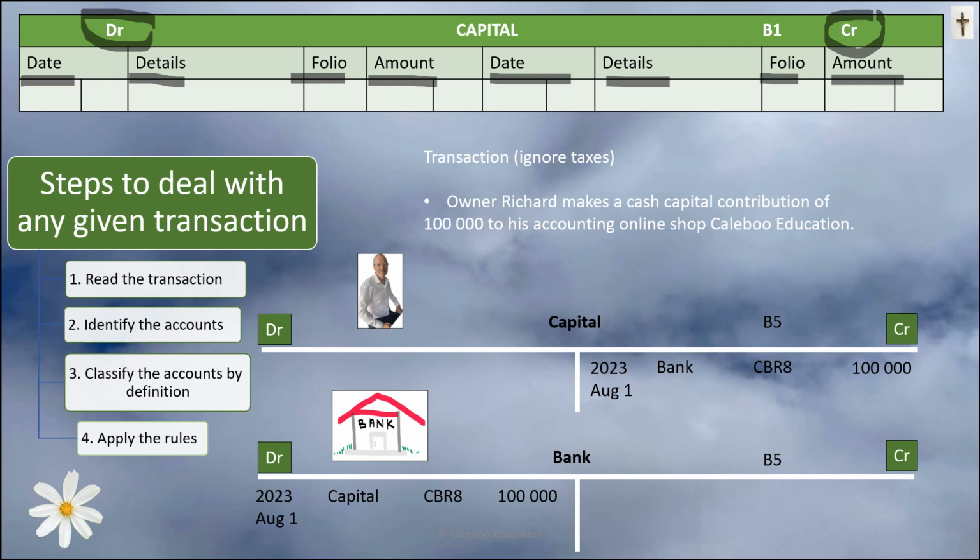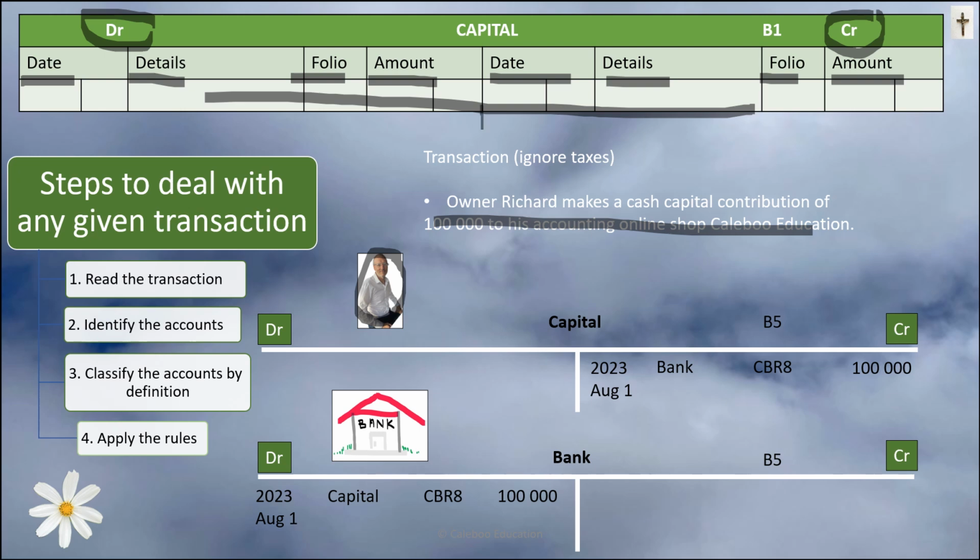On this slide I've typed out what I scribbled on the previous slide. There's the transaction. The owner makes a capital contribution of 100,000 to the business. I'm using T accounts to explain the rules, why an account is debited and why an account is credited.